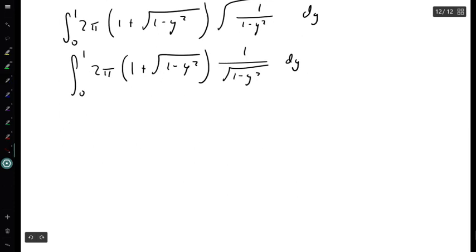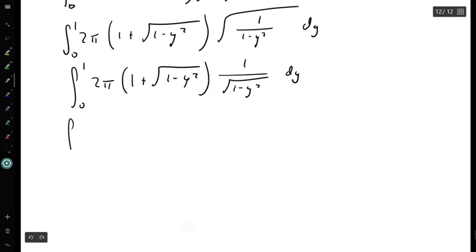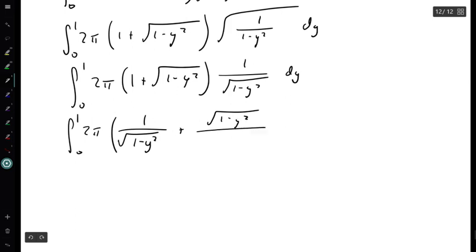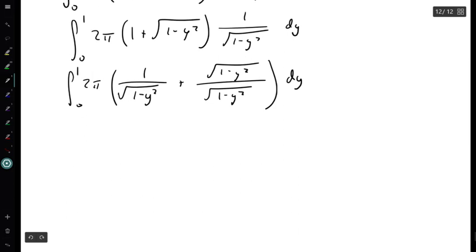Now we can distribute this term into the parentheses. Integrating from 0 to 1, 2 pi times 1 over root 1 minus y squared, so I've multiplied 1 over root 1 minus y squared by 1, and added that to root 1 minus y squared over root 1 minus y squared. We're getting close.